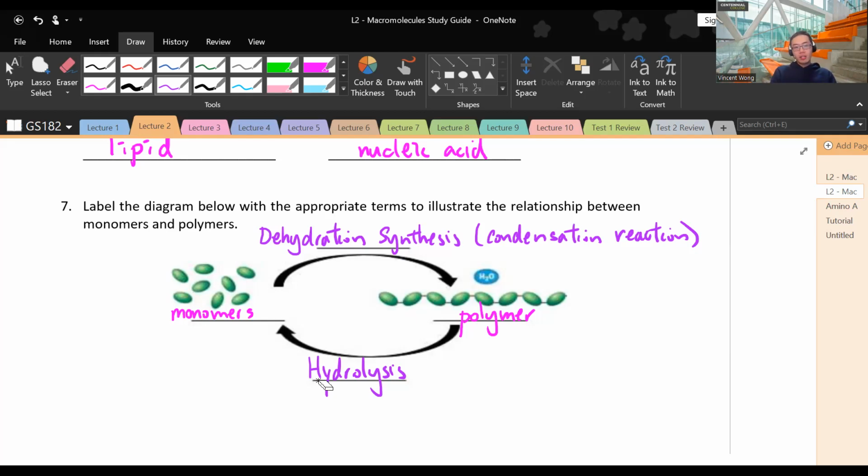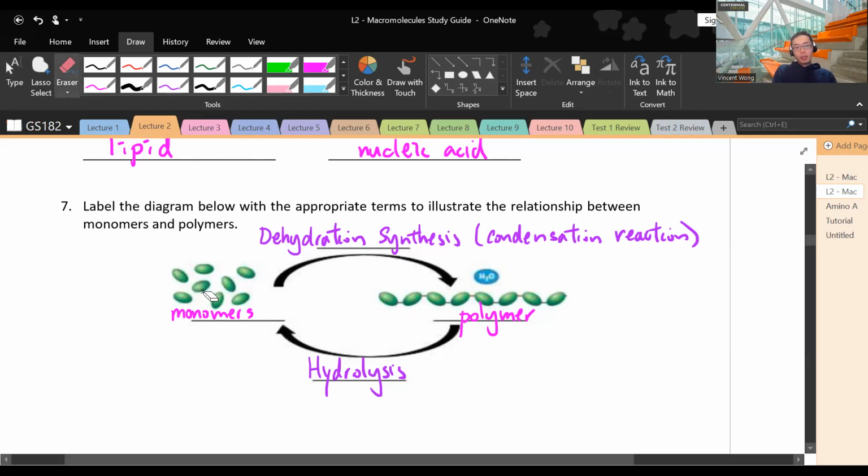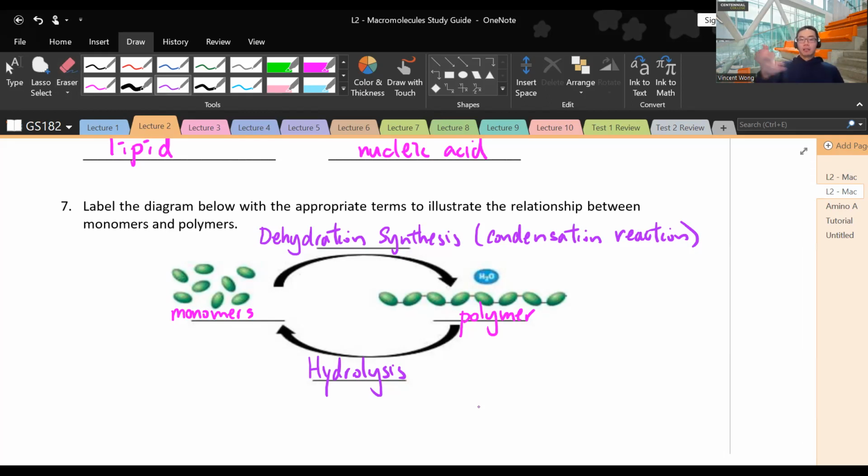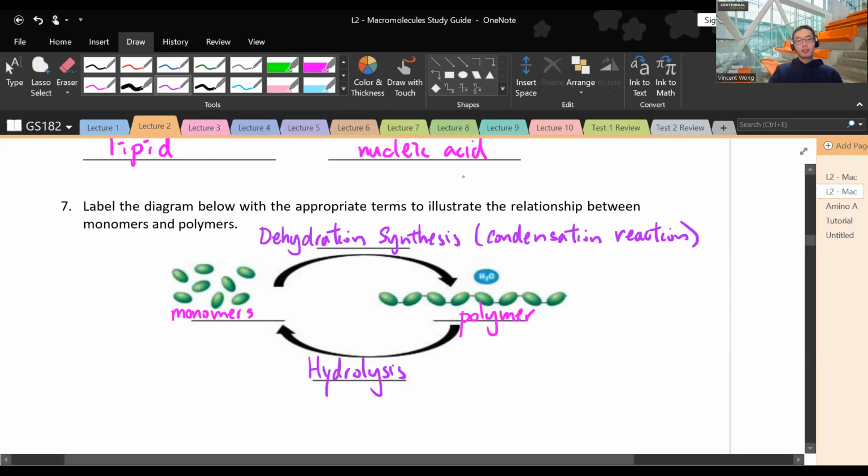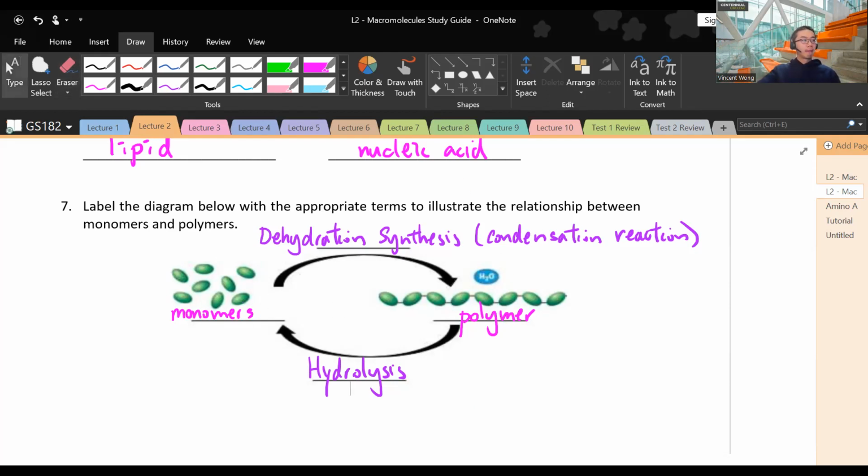So your cells will take these individual building blocks and make them into a polymer. You get the raw material from your food source, and then you use the raw material to build things that you actually need in the body. So that's the polymer right here, and that's the monomer.